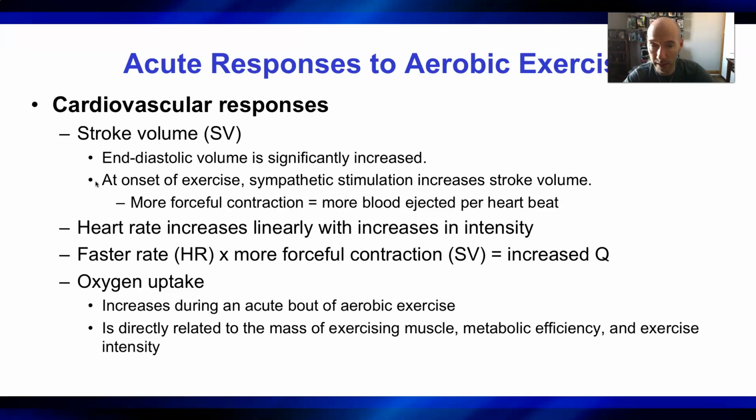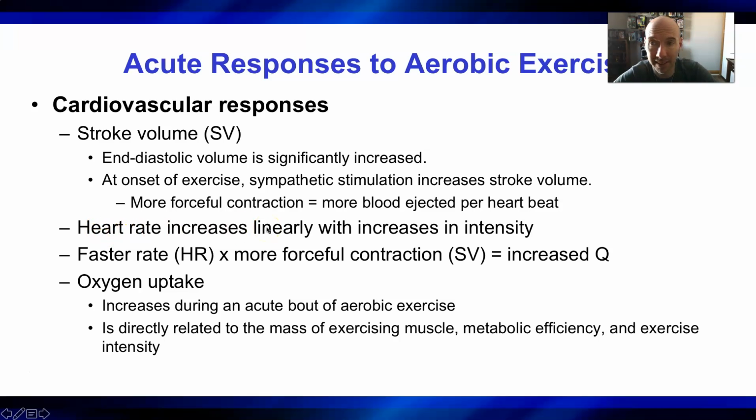Once we start exercising, the heart starts beating more forcefully, and that is going to allow for more blood to be ejected for every heartbeat, okay? So that sympathetic nervous system stimulation that occurs during exercise increases the amount of blood flow that exits the heart per heartbeat, and that would drive stroke volume up.